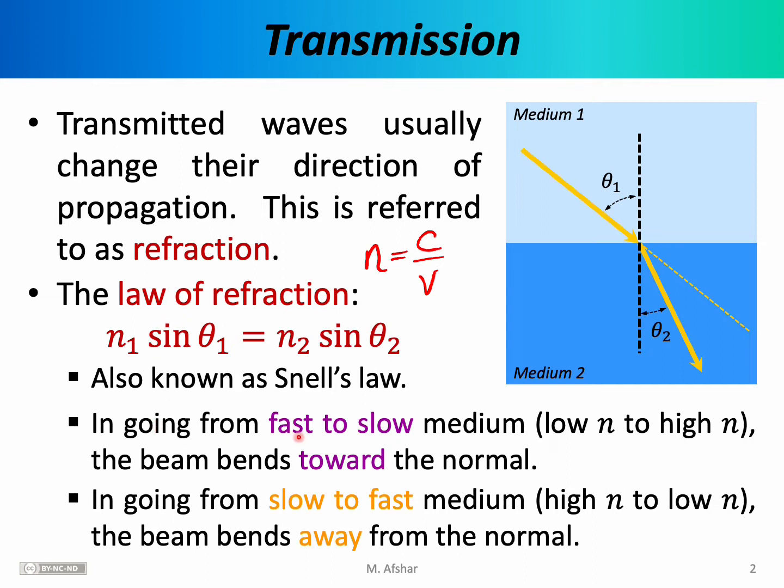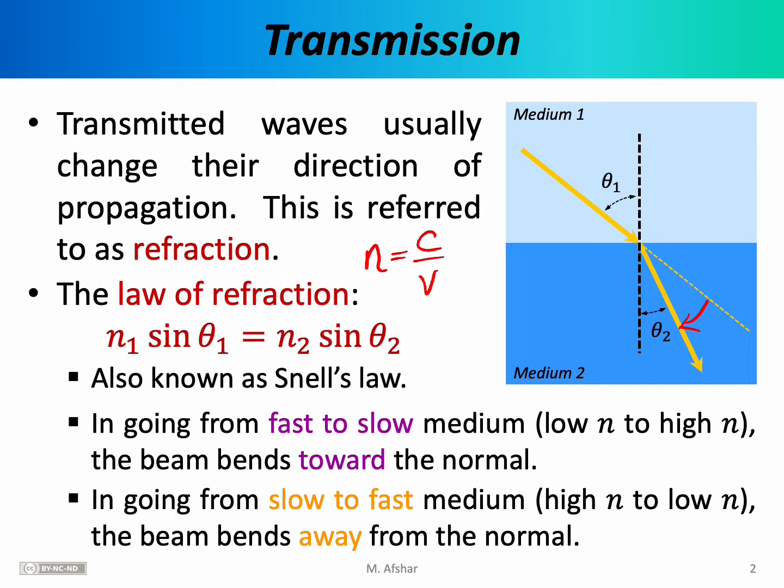In going from a fast to slow medium, the beam bends toward the normal. A fast medium is one with a low n, and a slow medium is one with a high n. What we mean there is that the beam is bending downwards and getting closer to the normal line.